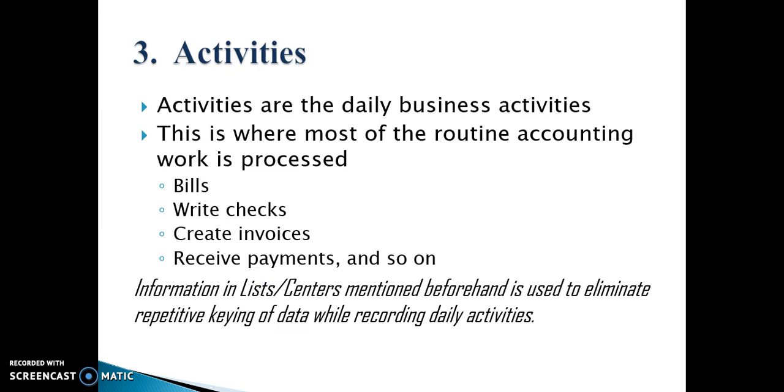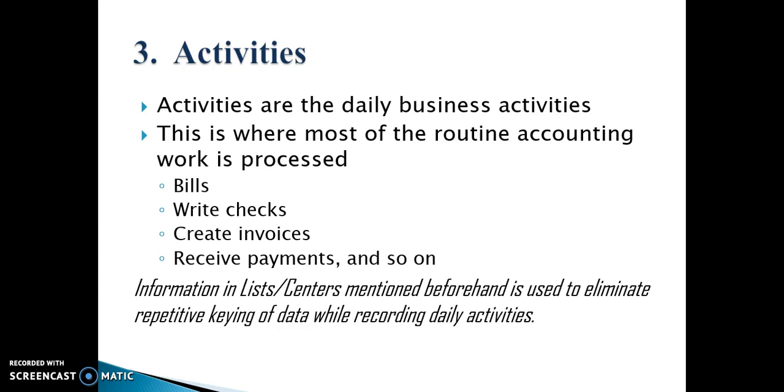Then you have activities. Activities are your daily business activities. This is where most of your routine accounting is used. Basically, if you have bills, your bills are going to be paid in different types of activities. You're going to pay a bill, you're going to receive a bill, you're going to write a check, you're going to receive a check, you're going to create invoices, and then you're going to receive invoices. Where do you go in QuickBooks to do all this daily activity?